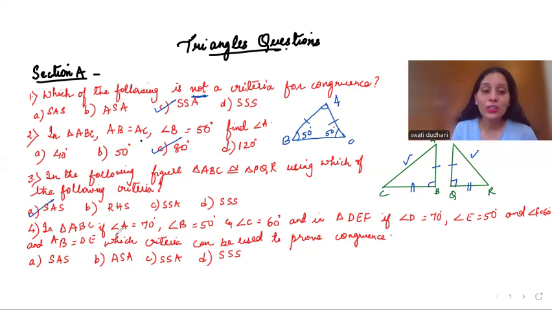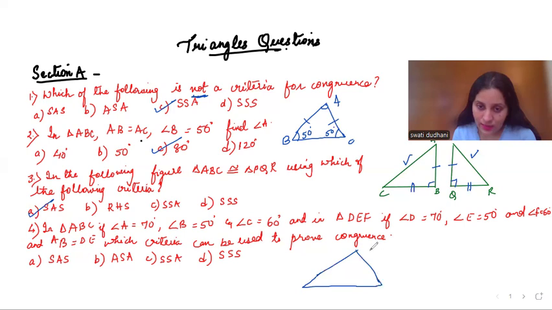Now next, in triangle ABC, if angle A is 70, angle B is 50 and angle C is 60, and in triangle DEF you're given angles and AB equal to DE, which criteria helps you to prove congruence? So first let us draw the two triangles. This is triangle ABC. So here it is given A is 70, B is 50 and C is 60.